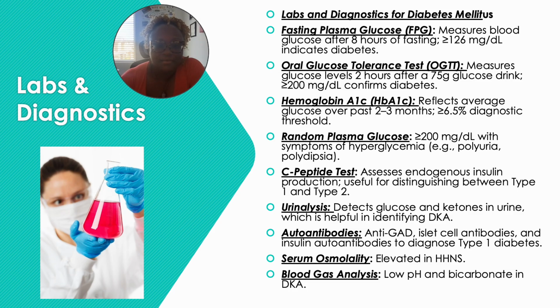We're going to draw their blood, and when the labs come back, diabetes is confirmed if it's greater than or equal to 200 milligrams per deciliter. Your hemoglobin A1C, this reflects the average glucose over the past 2 to 3 months, and diabetes is confirmed if the A1C is greater than or equal to 6.5.